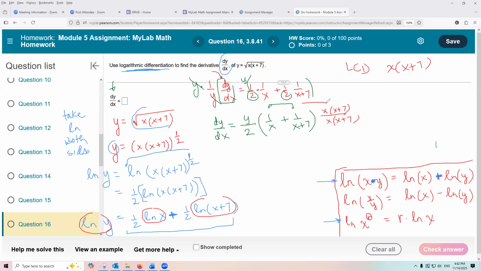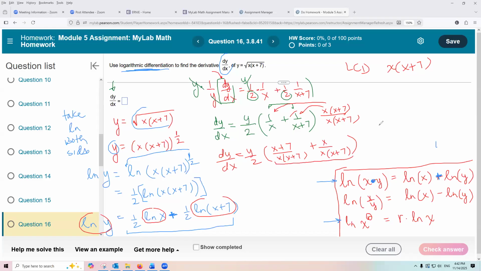All right, let me do this multiplication to the first fraction. That's going to get me x plus 7 over x times (x plus 7). And now I'm going to multiply to the second fraction. That's going to get me x over x times (x plus 7). Now I can add these fractions because they have the same denominators.